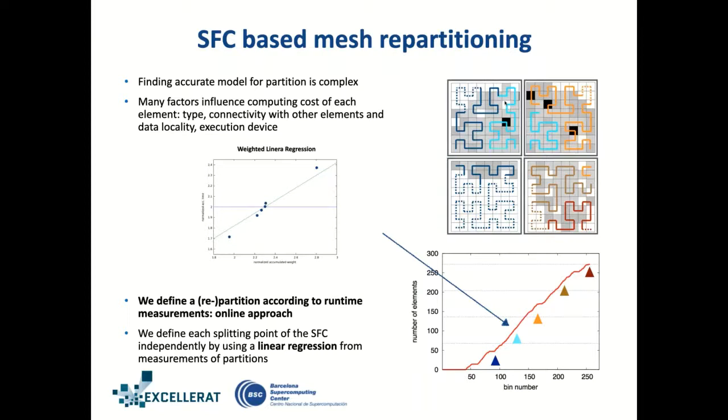So it's better to do the best possible partition with a simple model, and then at runtime you can react and change the partition according to performance measurements on the simulation.